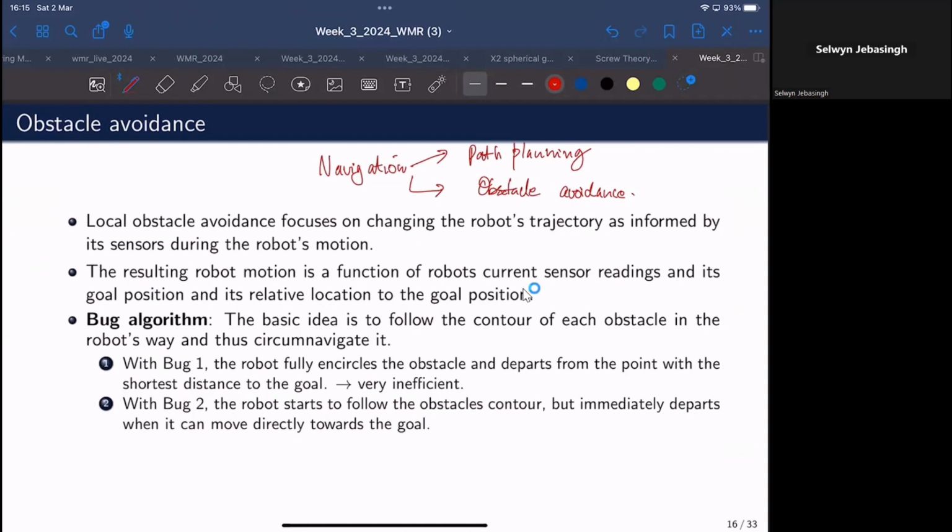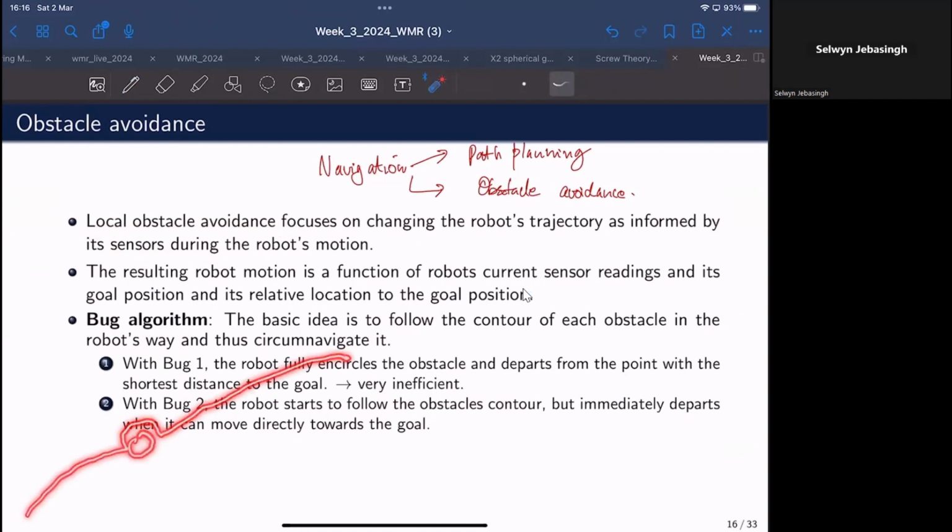It will constantly have to modulate its trajectory so that it won't get into any untoward circumstances. So the key point says local obstacle avoidance focuses on changing the robot's trajectory as informed by its sensors during the robot's motion. If the robot is moving through its planned trajectory and encounters an obstacle, it will have to navigate around this obstacle and continue its course of action.